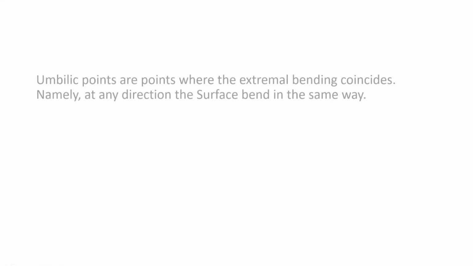You can also have umbilic points. These are points where the extremal bendings coincide, namely, in any direction the surface bends in the same way. This is important because these umbilic points play the role of singularities in the foliation.